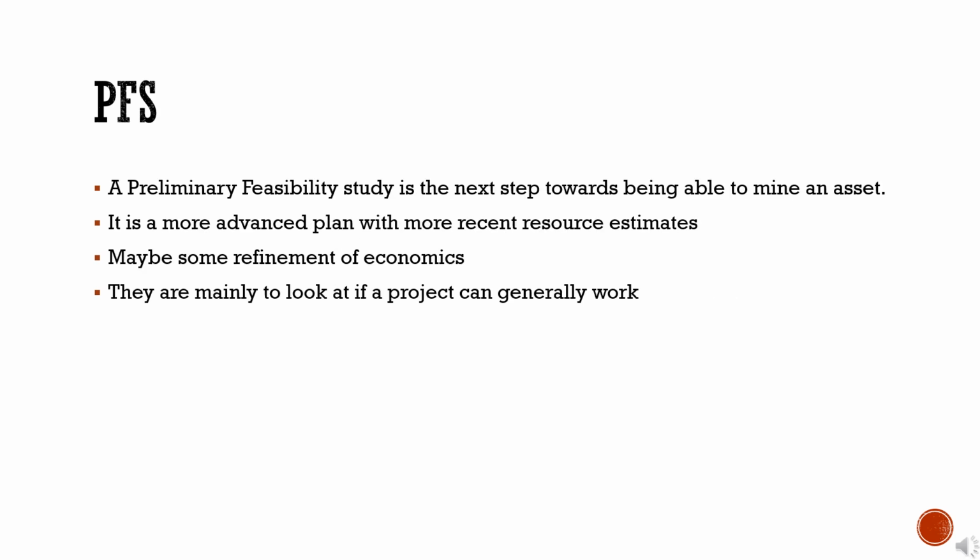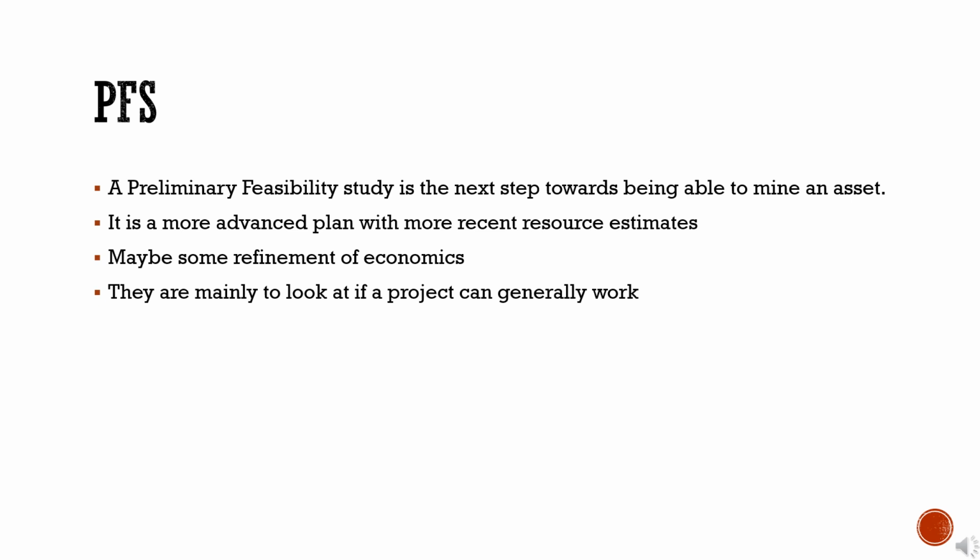After a PEA is done, the company can then work towards a PFS, which is a preliminary feasibility study. And it's the next step towards being able to bring a mine to life. Now, it is a more advanced plan than the prior estimate, and it has more factors in the economics.